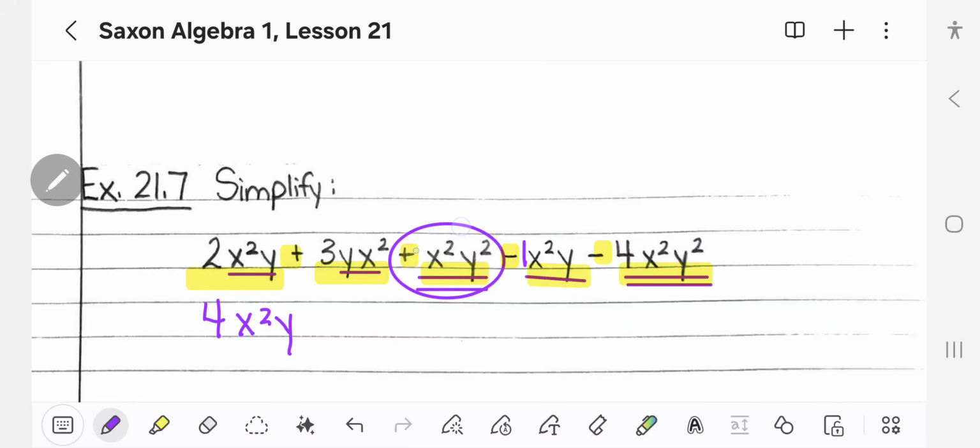Here I have 1 of them, and here I have minus 4 of them. So 1 minus 4 would be negative 3 of them, and they are x squared y squareds. So this is your final answer, 4x squared y minus 3x squared y squared.